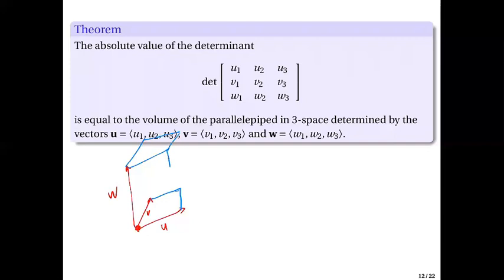And this guy here is somewhere at the back, and also this guy here. So this is the parallelepiped that you will be able to construct, something like a rectangular box. So let me just fix this.